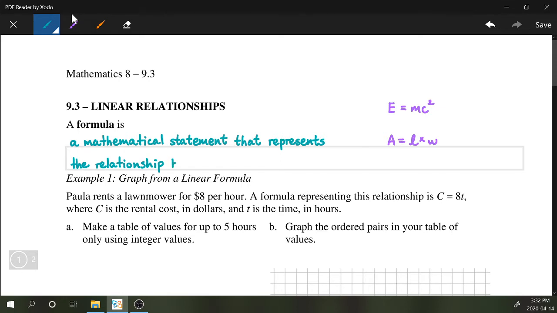Usually when we are looking at something like the area formula, we have what's called variables. So A, L, and W are all variables, and so are E and M. However, C in the formula E equals mc squared is not a variable. It is actually a constant.